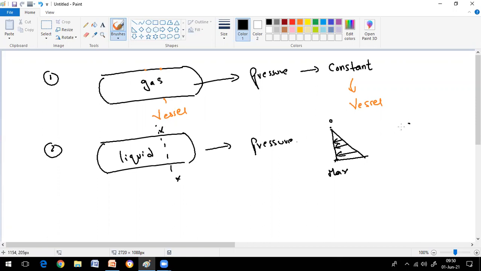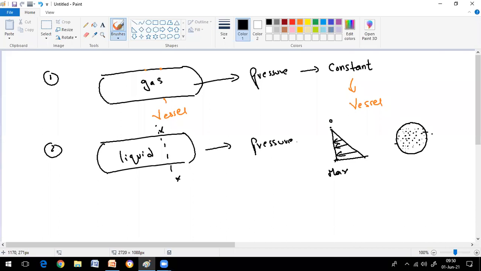How does the cross section of the cylinder look? Like this. If the liquid is placed here, liquid is never placed 100% in containers, it is placed up to some level.